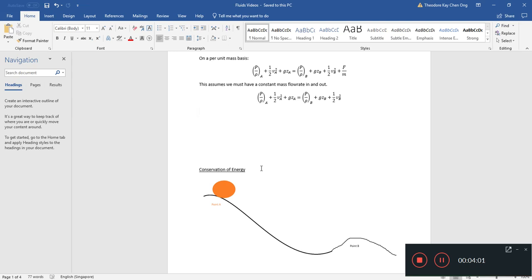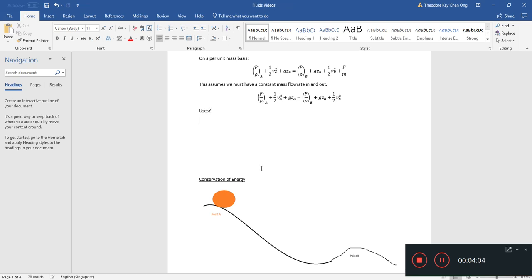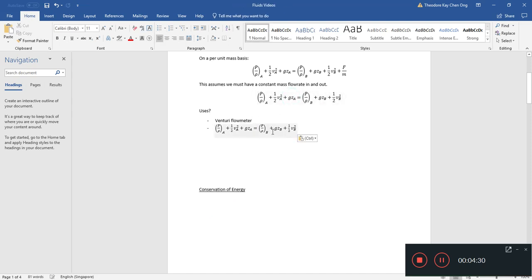Now, what are the uses of something so simple? The uses are as follows. Besides it being very easy for us to conceptualize and learn undergraduate fluid mechanics, we can use it to measure flow, for example, in a Venturi flow meter. What we notice is that if we have a flat surface where the elevation is the same, that means ZA equals ZB, we can relate the flow velocity to the pressure drop.